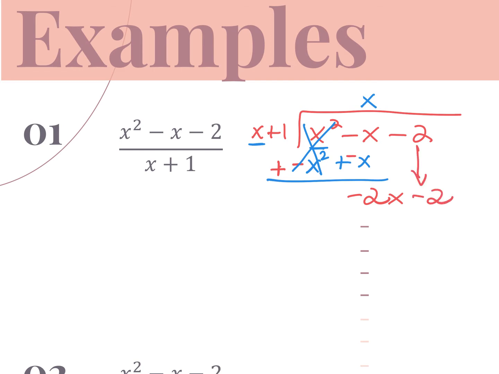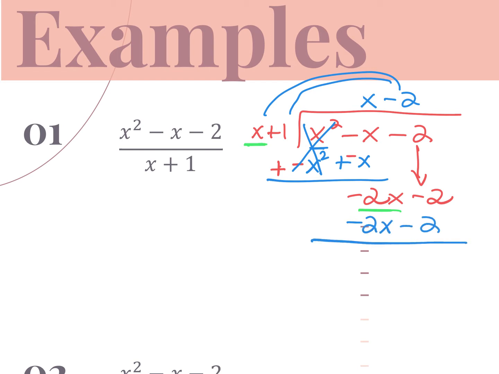Now again, I need to look at what I am going to multiply x by to make it negative 2x. And I'm going to multiply it by a negative 2. I'm going to distribute the negative 2 to the x and to the 1. So negative 2x minus 2. Change all the signs to opposites.